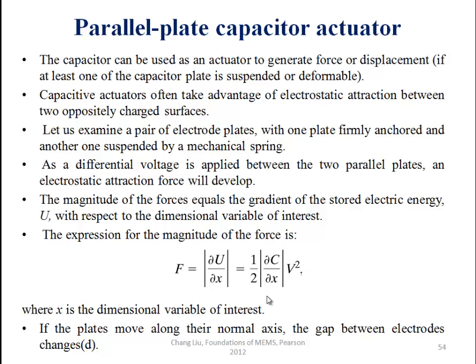So we are considering that the plates are moving in the normal direction. That means the plates are moving in the direction of D. As a result, the gap between the electrodes changes.